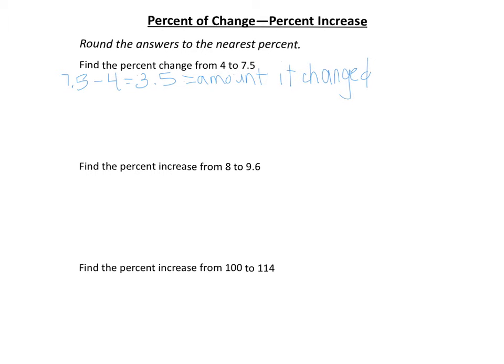If we're doing the proportion, we take the amount of change, in this case 3.5, over the original amount. We know the original amount is going to be 4 because that's the number we started with. And it's going to equal percent over 100, which we can cross multiply like we've been doing.